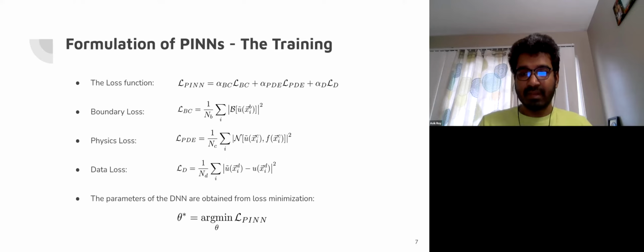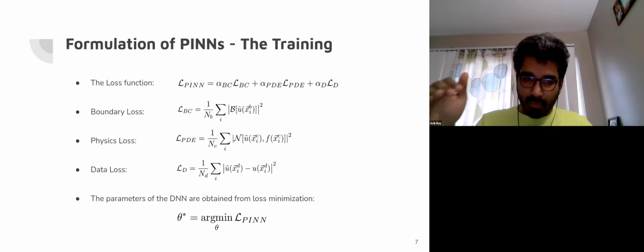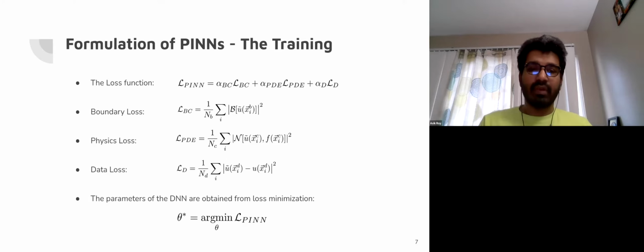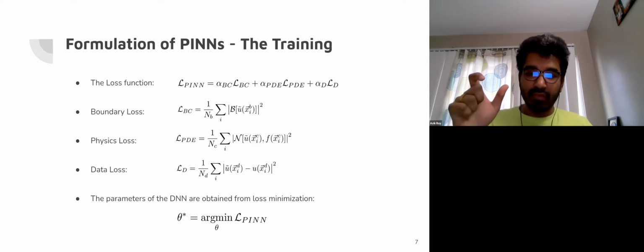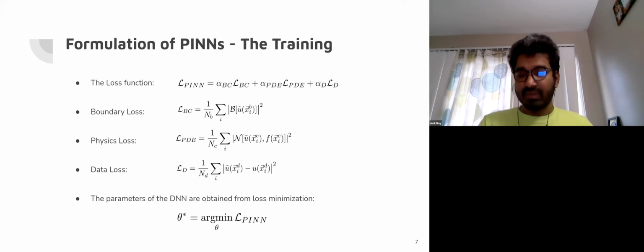But when we embed this in the loss function we are trying to minimize, it creates that backpropagation of gradients that eventually tries to enforce this. So what we are trying to do is use the derivatives of the fields that we're interested in to enforce the PDE to be obeyed by the neural network.